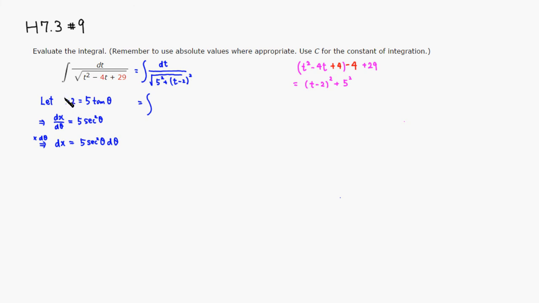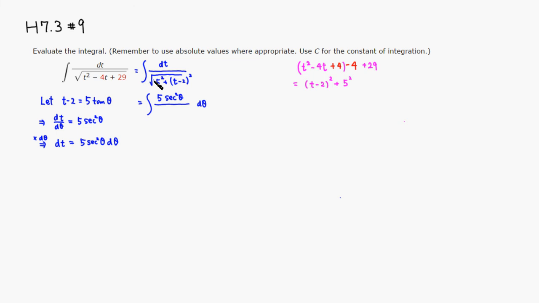It's not dx, it's dt over d theta. So dt is equal to 5 secant squared of theta d theta, and I'm going to put the d theta down here.